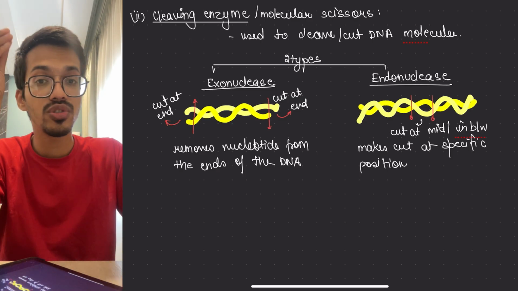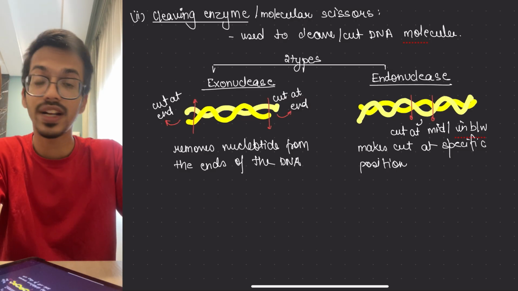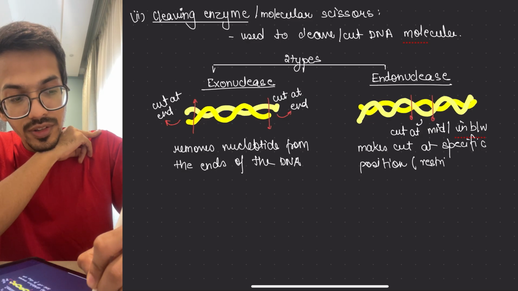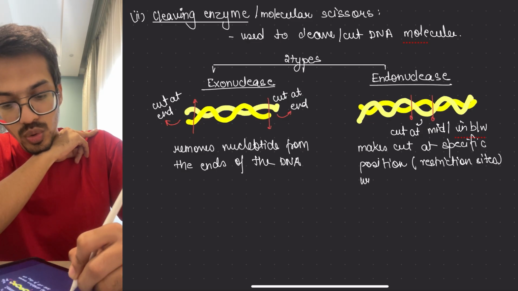These specific positions are already determined by the nucleotide sequence, so it will cut there only. These are called restriction sites within the DNA.